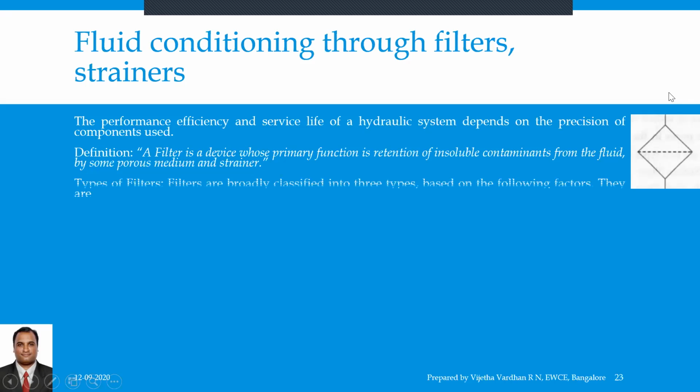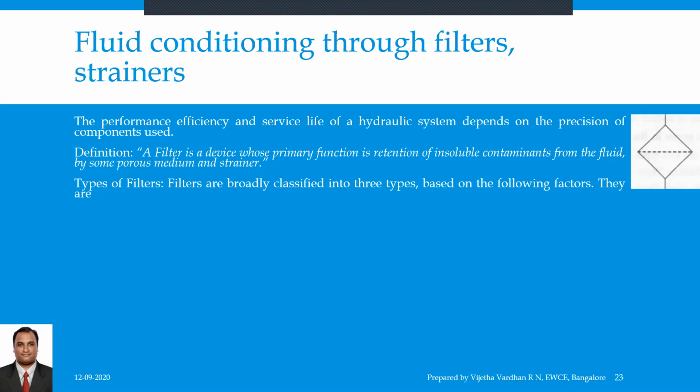Then coming to the types of filters, filters are mediums used in a hydraulic system to arrest unwanted materials from getting into the system and purify the oils to achieve the best performance of the hydraulic system. Hence, filters are the most important part of the hydraulic system in particular and any fluid power system in general.